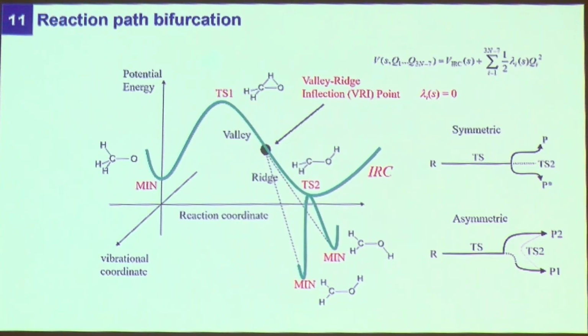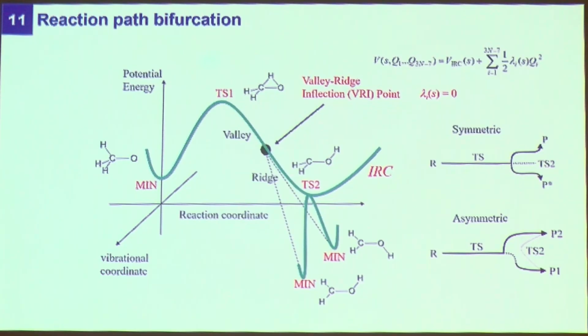And the hydrogen moves in this direction or the other direction, and there are two minima. So in this case, the feature of the IRC changes from valley to ridge at this point. So this point is called the valley-ridge inflection point.